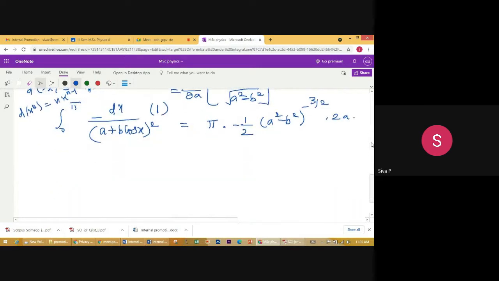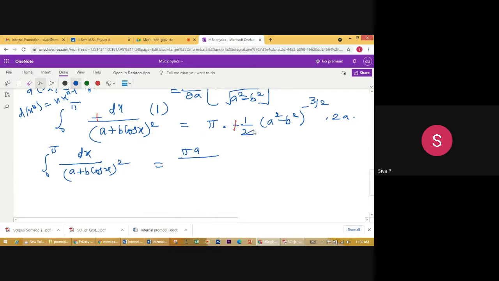So here we can write integral over 0 to pi dx divided by, here one minus is there, here one minus is there, cancel that minus, then dx divided by a plus b cos x whole square. That is equal to, what is remaining, pi a divided by a square minus b.